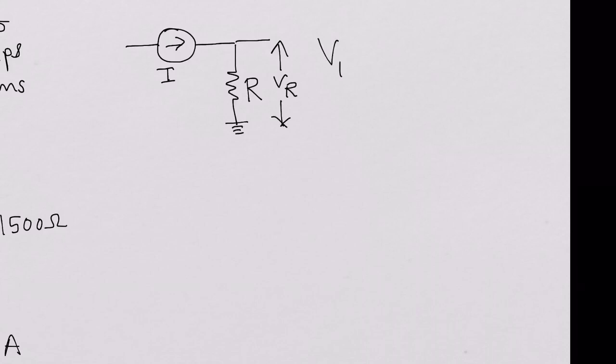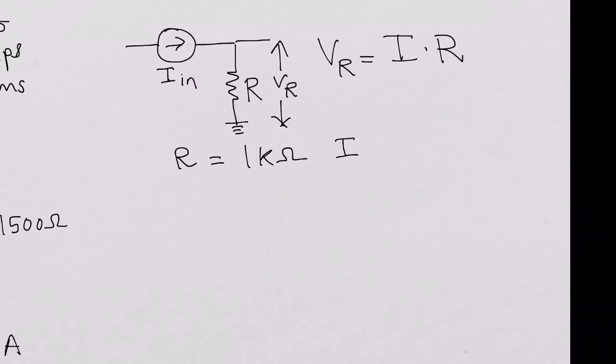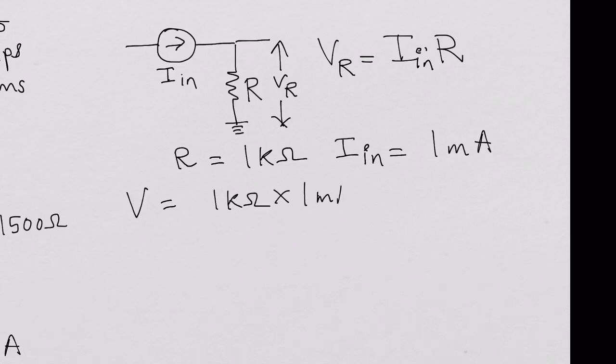So VR is I multiplied by R. So again, assume we have R as 1 kilo ohm, and then we call it Iin here. We're forcing a current, say Iin is 1 milliamp. So the voltage would be 1 kilo ohm multiplied by 1 milliamp, which would be 1 volt.